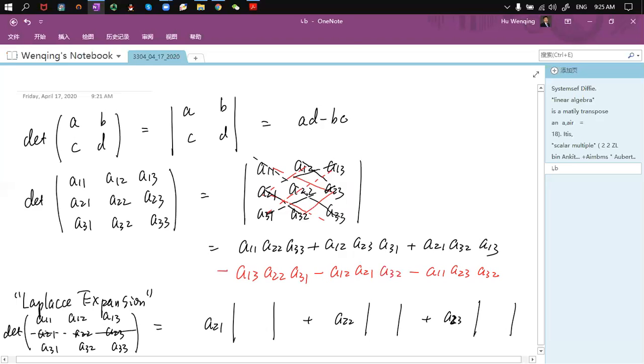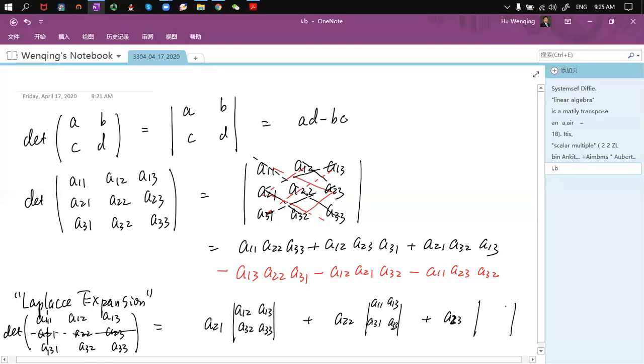The cofactor is formed by taking the element, for example A21, and deleting the column and the row containing it. So the cofactor is formed by A12, A13, A32, and A33. If you have A22, then the cofactor becomes A11, A13, A31, A33.